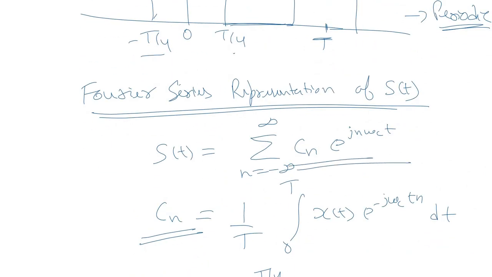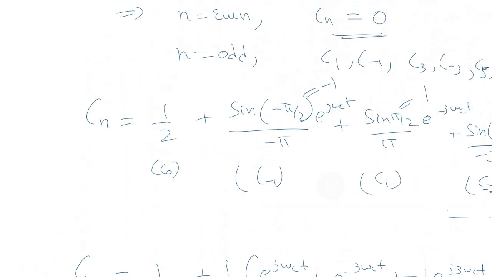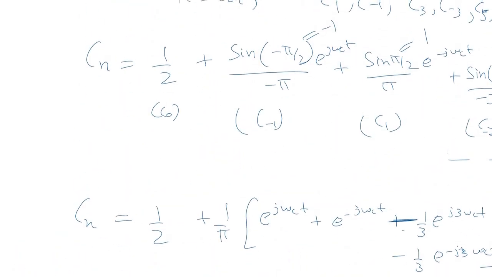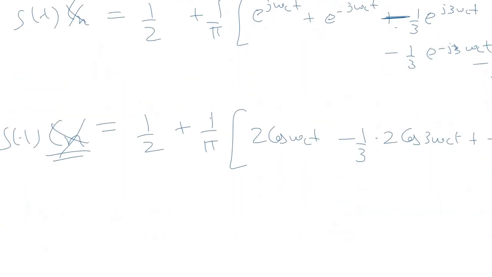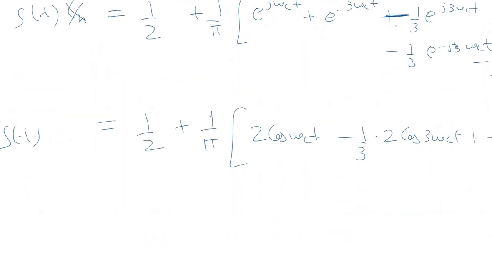Before, I found out the C of n, and then I substituted the C of n into S of t, that will give us this expression. If you multiply with a complex exponential, it is your S of t, not C of n rather. So this is your S of t, your switching coefficient. This is the Fourier series representation of the switching coefficient, right?